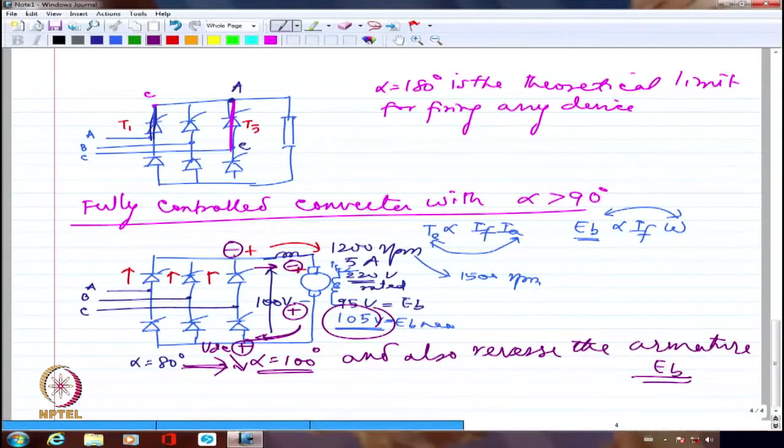So the only way I can really reverse the power flow is by reversing the voltage. And voltage can be reversed by making alpha greater than 90. And when I make alpha greater than 90, just to make sure that it will be in a position to feed, I have to make this plus and minus of the motor drive also conducive. Otherwise it will not work.